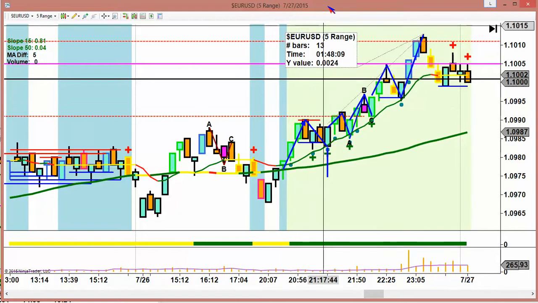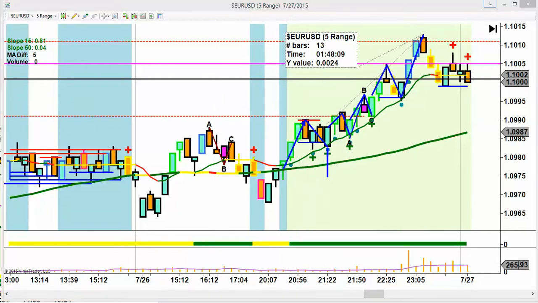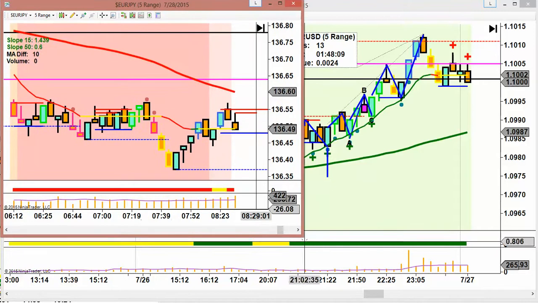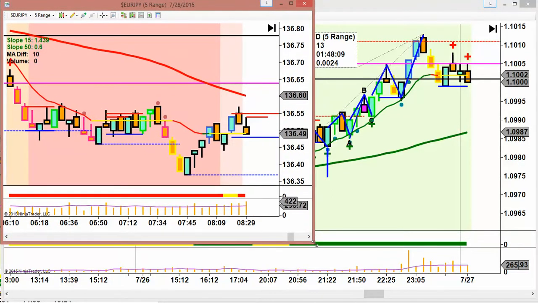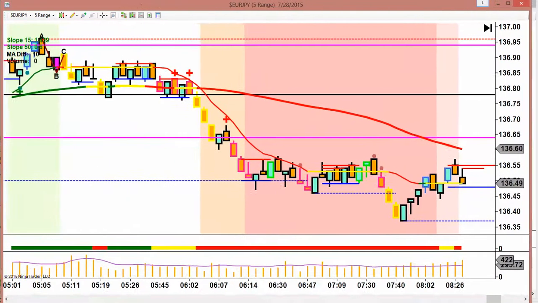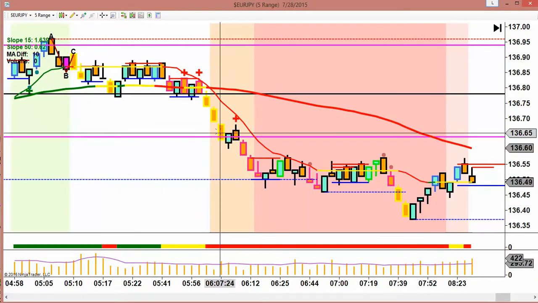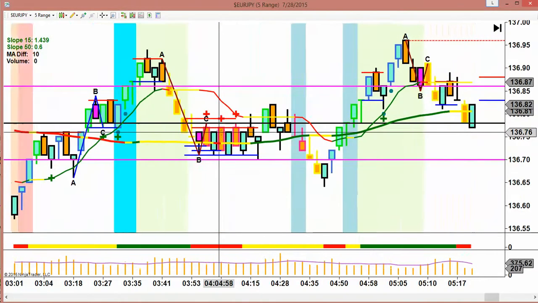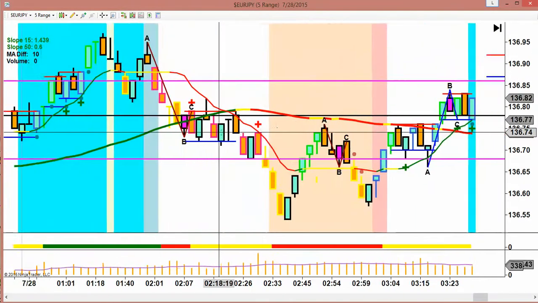Now let me show you a different market. Let's take a look at the Euro Yen. Now here's the Euro Yen, and let's go to the morning.